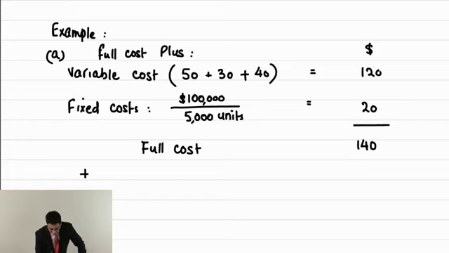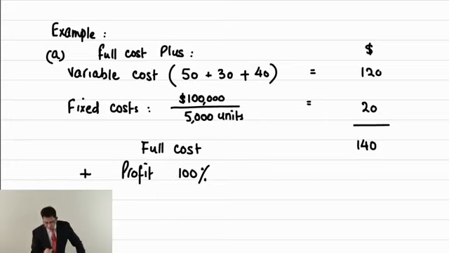Then we need to add profit. They said profit markup is 100%. Okay, it's slightly too lavish, but anyway, it's the company's policy. 100% of 140 will be the same.